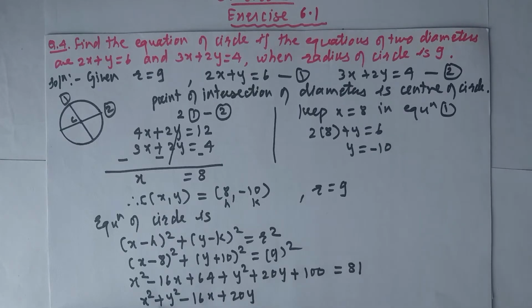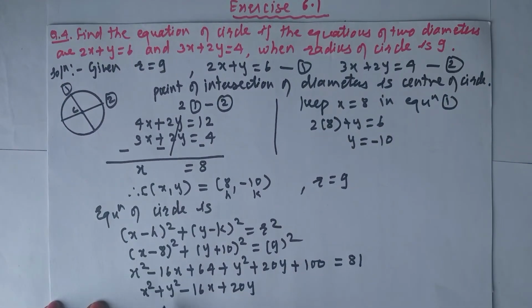I am writing first the term of x square, then y square, then x, then y, and write down the constant here. Now here 100 and 64, 164. Take this 81 to the left hand side, that becomes minus 81. 164 minus 81 means plus 83. Okay, and this is your equation of the circle in center radius form.